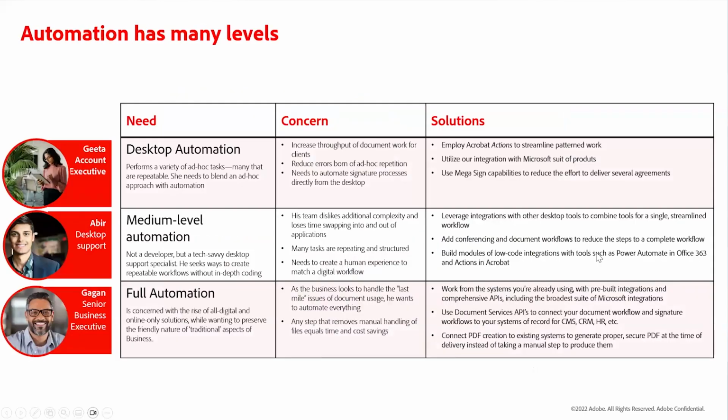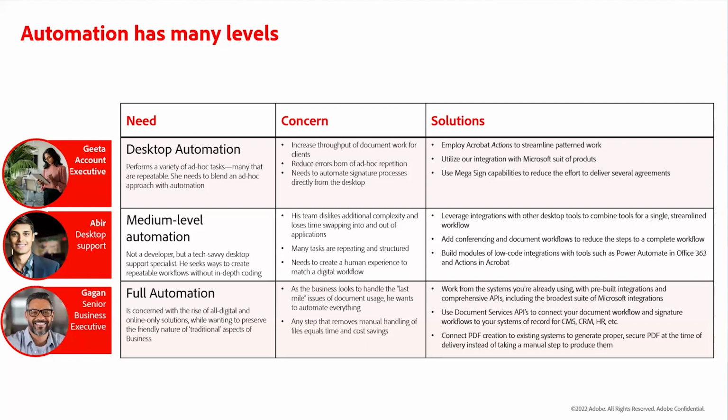So in today's discussion, I'm going to be talking about automation at three different levels. How can we help three different personas that come from three different walks of life automate and manage their documents a little bit better? We are first going to talk about Geeta, who is an account executive and is continuously interacting with her customers, sending personalized documents that she creates.